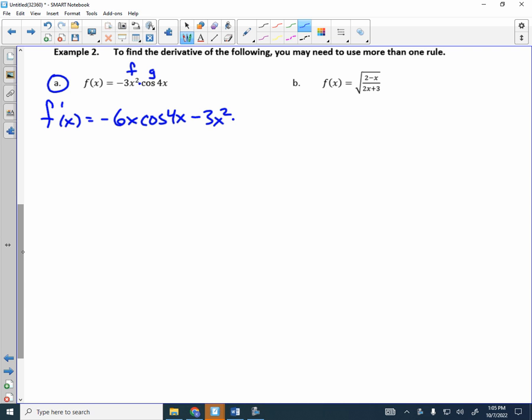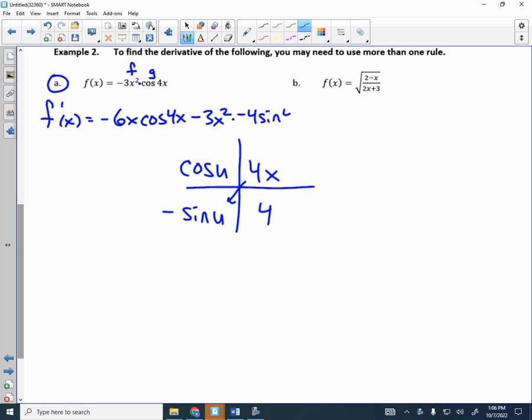Okay, I'll write it out, but Maddie saw it, and earlier she said that she thought it was confusing, so she's making strides there. Nice job, Maddie. She sees cosine of u, and she sees 4x. The derivative of 4x is 4. The derivative of cosine is negative sine of u. Negative 4 sine of 4x? Yep, so times negative 4 sine of 4x.